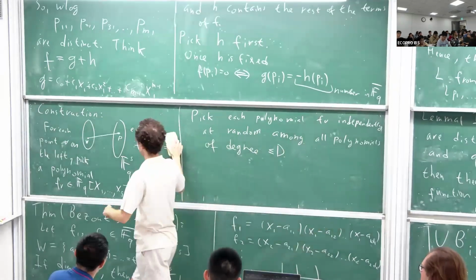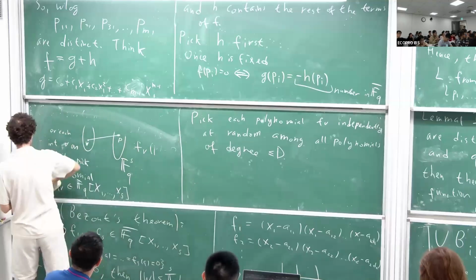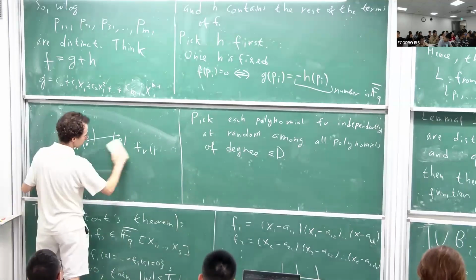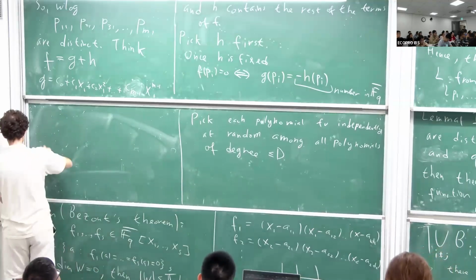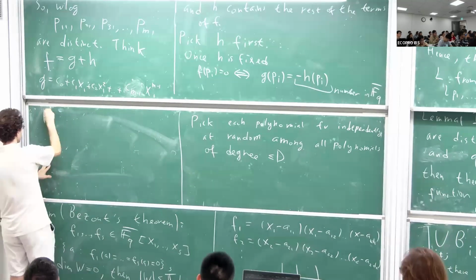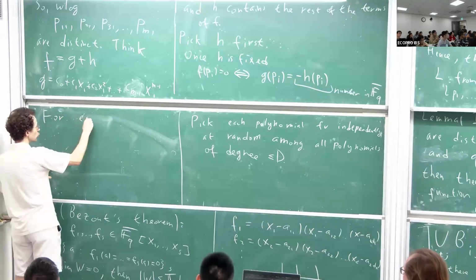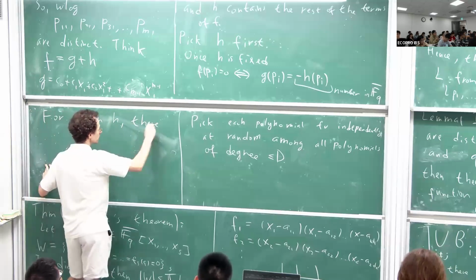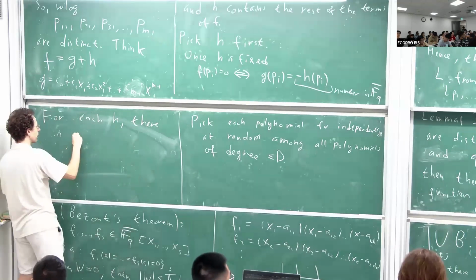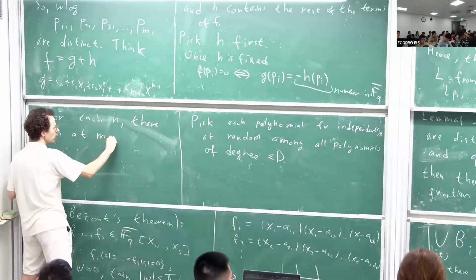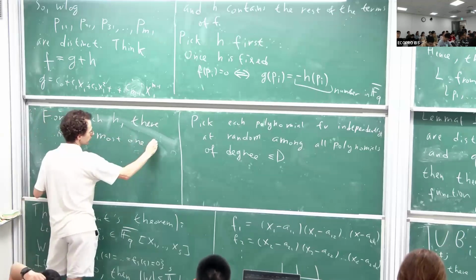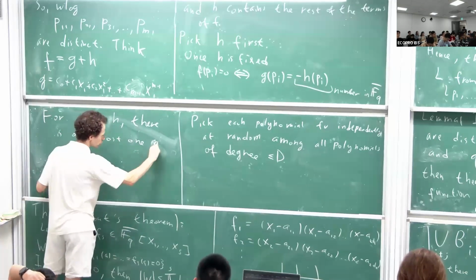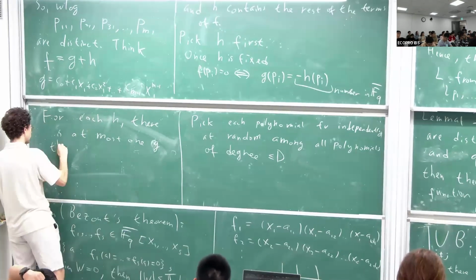And so, therefore, there exists at most one such choice. So for each H, there is at most one G that satisfies this.